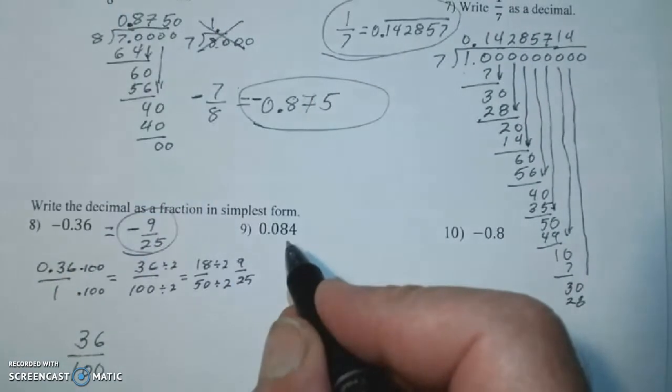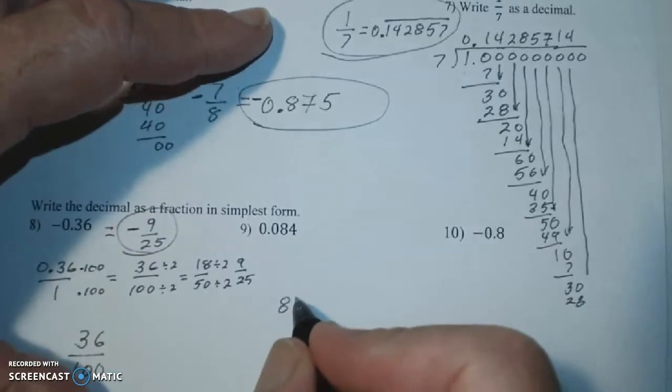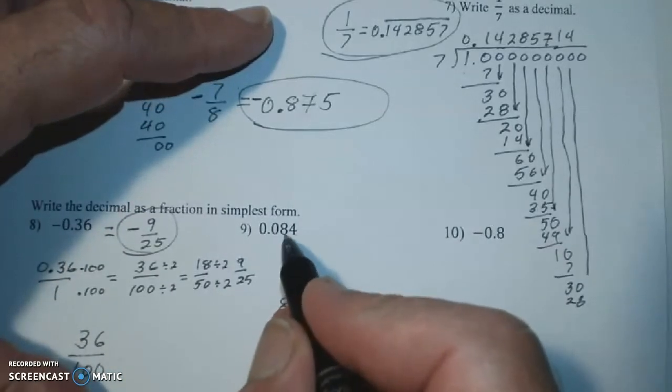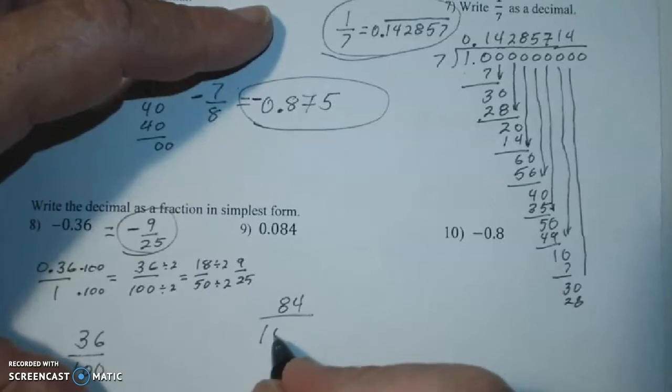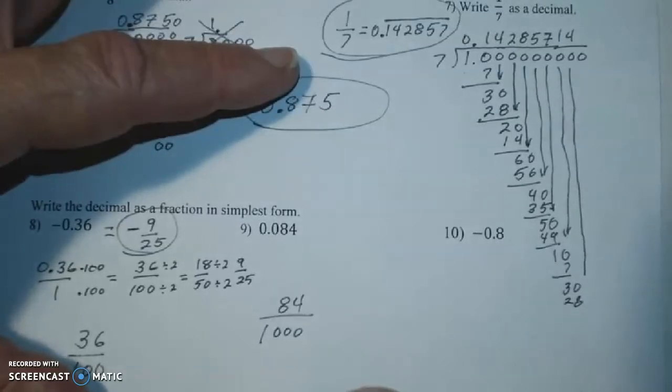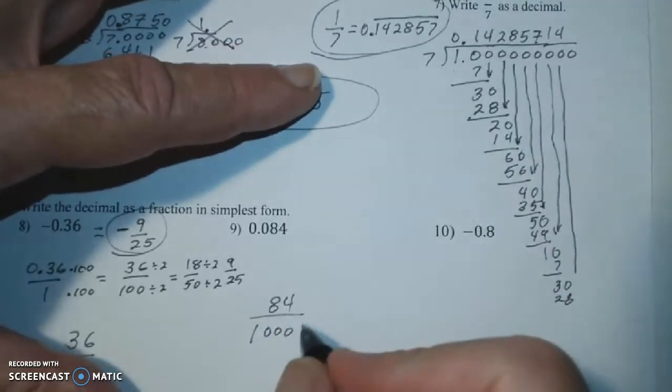Read the decimal properly. You'd say that it is 84 thousandths. You're out to the thousandths column. It is 84 over 1,000. And then reduce from there. Again, I would say, let's just divide.